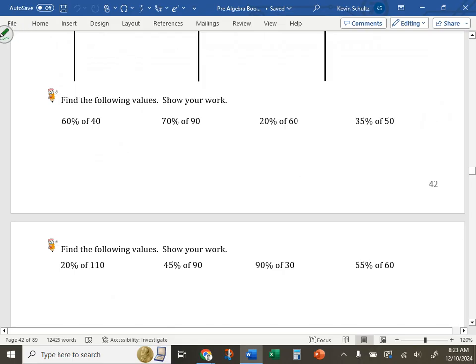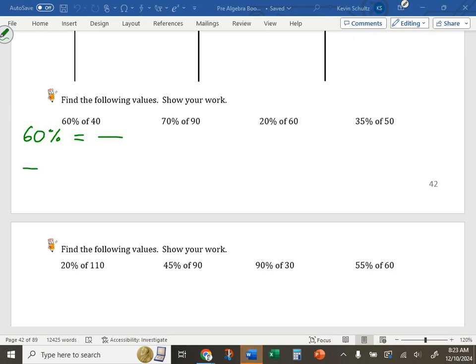Remember, first, you want to rewrite that 60% as a fraction, and then use that fraction to set up a proportion. Maybe you can use scale factor. If you can't, either cross products or simplify one of the fractions to be able to use scale factor from there. Practice this method, showing your work.